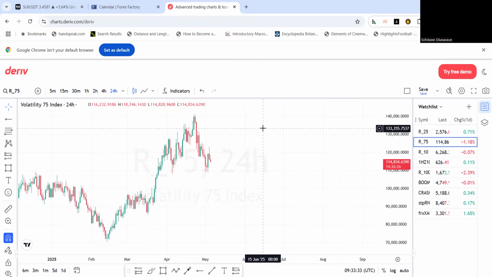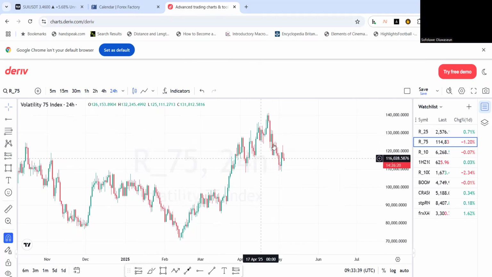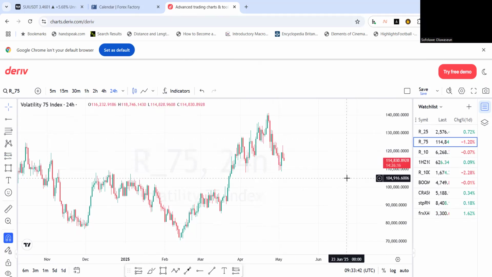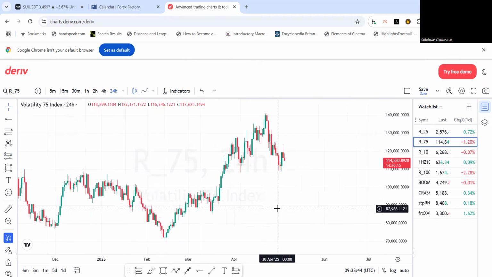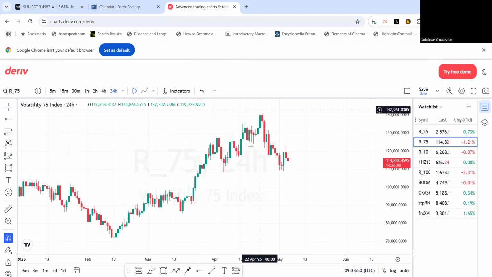So we can see volatility 75 recently making a series of lower highs and lower lows. Okay, price broke. Let's expand our chart. So this is the last higher low, higher high. Price broke this low.